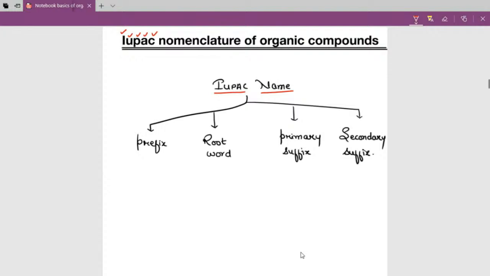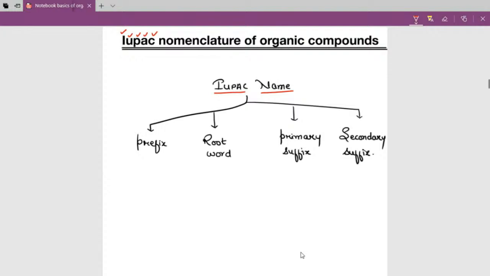It would become very difficult to communicate chemical reactions around the world. So we definitely needed IUPAC nomenclature, and the rules given by this group of scientists are accepted throughout.